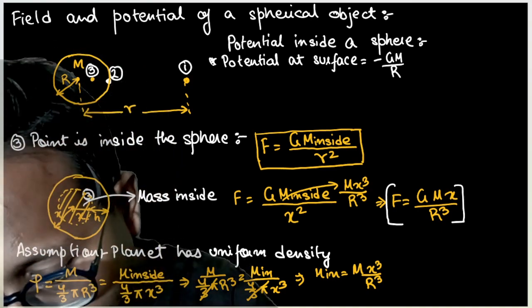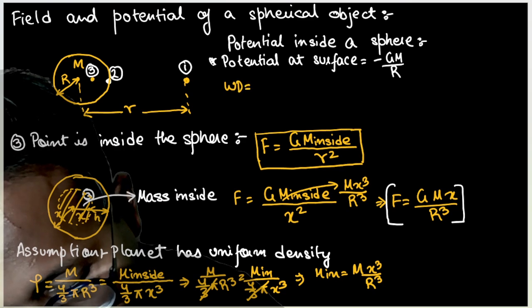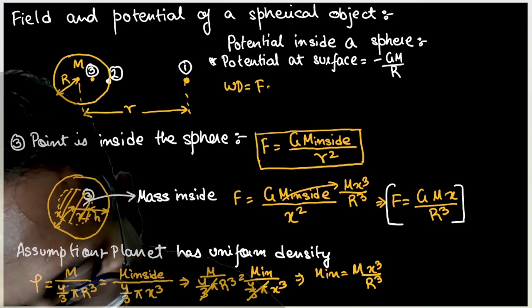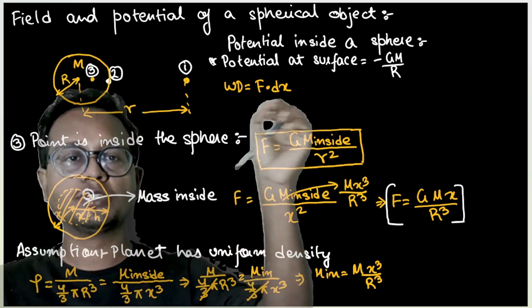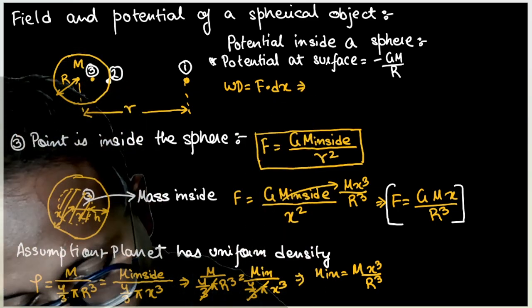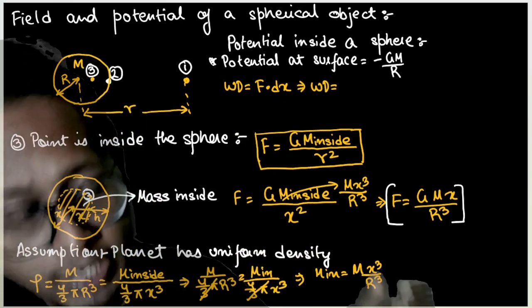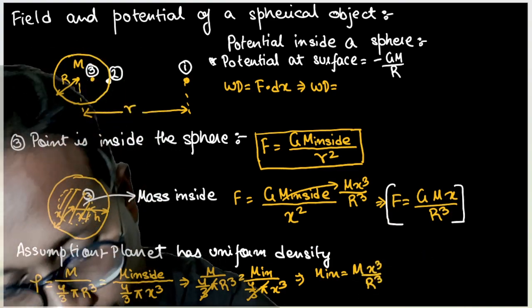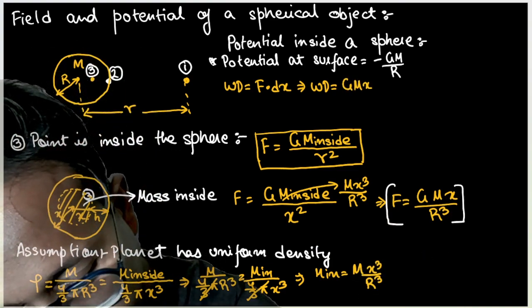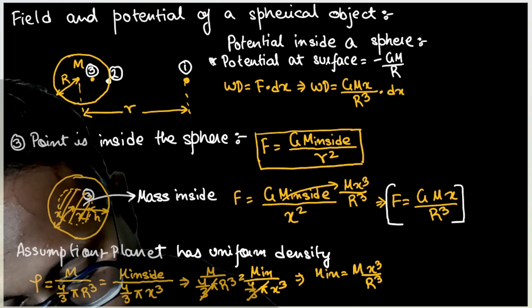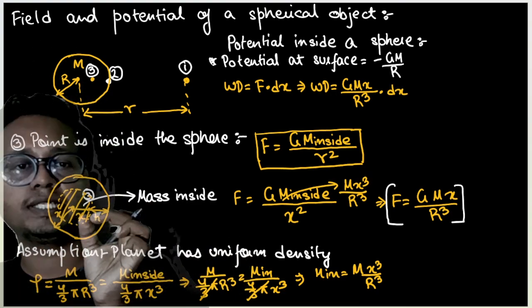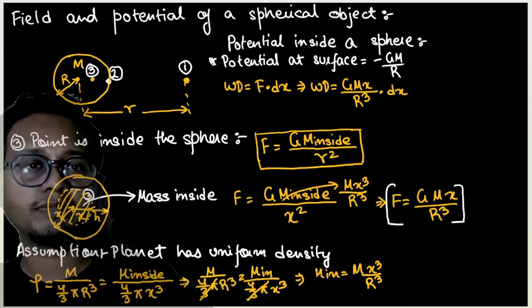So work done in bringing a point charge from the surface to point 3 is nothing but F dx. Work done is nothing but force into displacement. What is the value of force? G m x by r cube, into dx. Here dx is the elemental displacement.